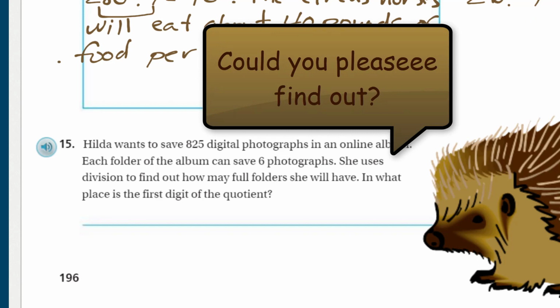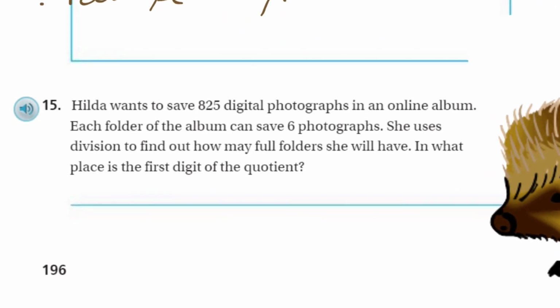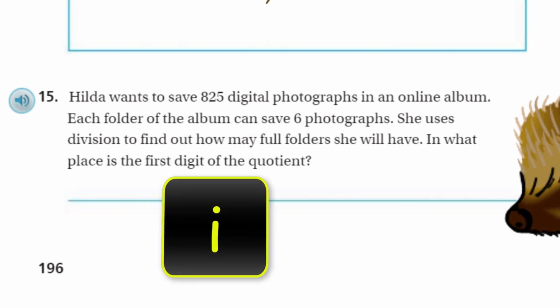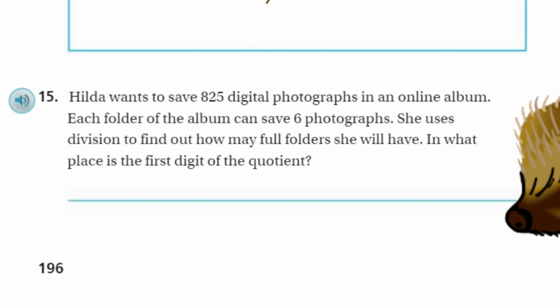Anyway, number 15. It says Hilda wants to save 825 digital photographs in an online album. Each folder of the album can save 6 photographs. She uses division to find out how many full folders she will have. In what place is the first digit of the quotient? Great question.